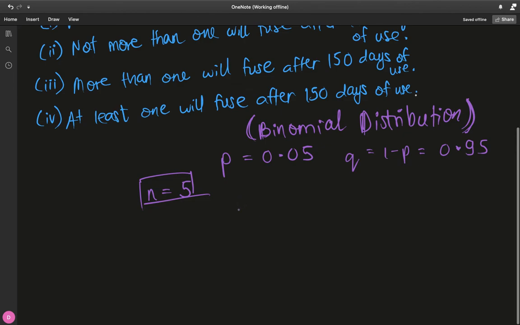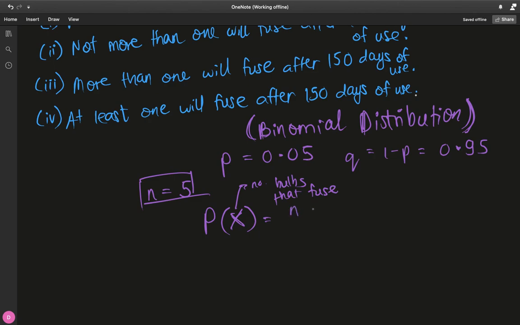And the formula for this is, say they want to calculate the probability of some x number of bulbs fuse. In this context, x is the number of bulbs that fuse.